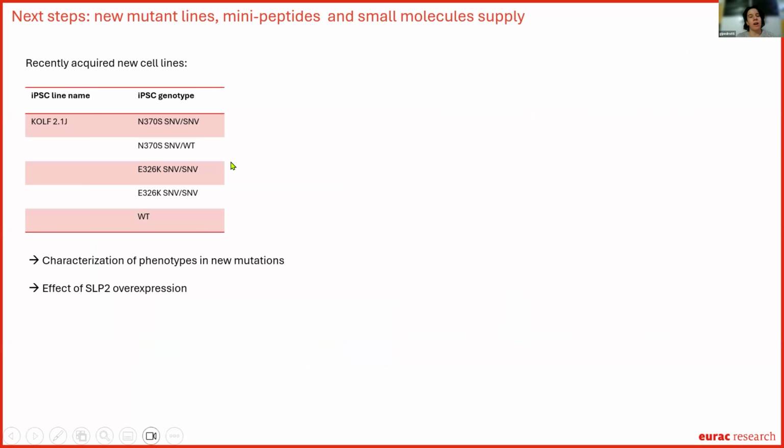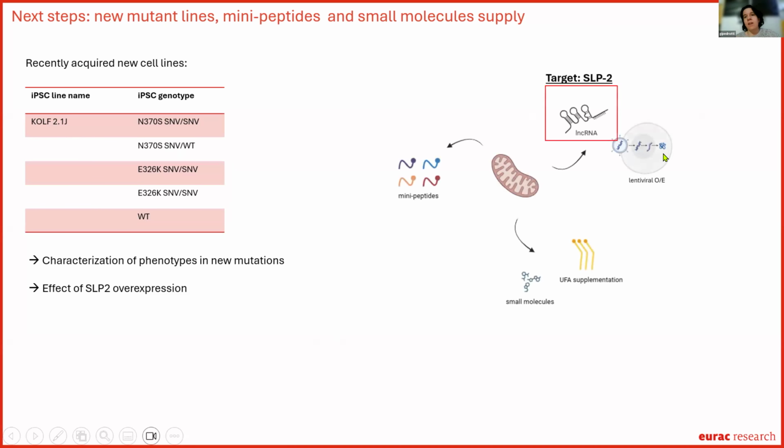From Jackson Lab, we now have cell lines carrying also the milder mutation, N370S, and the risk factor E326K, from which we will generate progenitors and characterize mitochondrial phenotypes in these mutations and check for the beneficial effect of SLP2 overexpression. Then we will move, as a next step, to the more translational approach, the SLP2 long non-coding RNA to stimulate SLP2, and we will move also towards the other approaches.